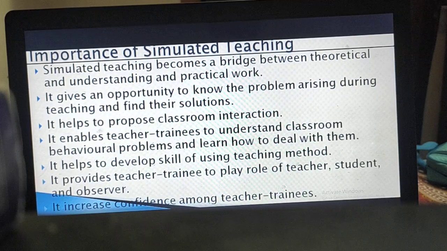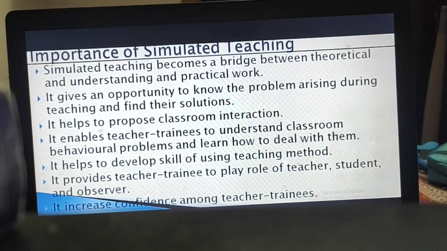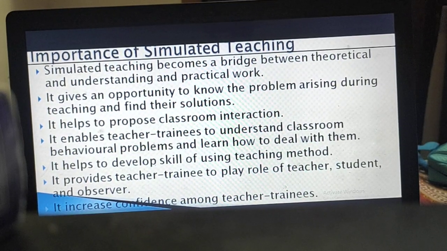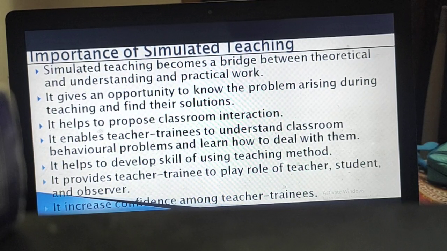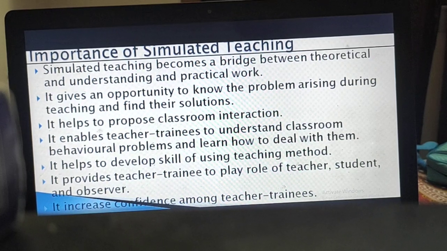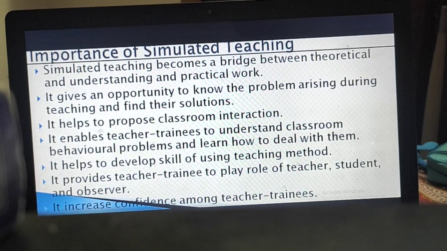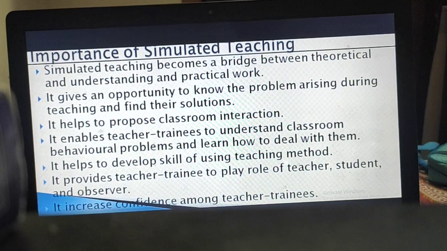Simulated teaching helps classroom interactions. Through simulated teaching, the teacher can develop their teaching methods and also build confidence in the teacher or teacher trainee.